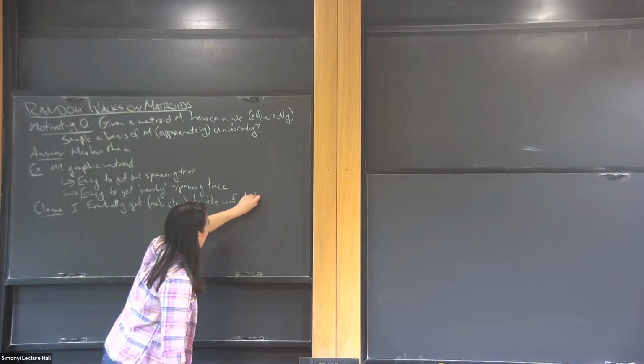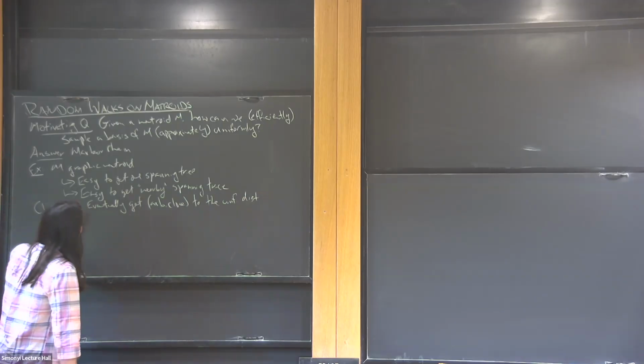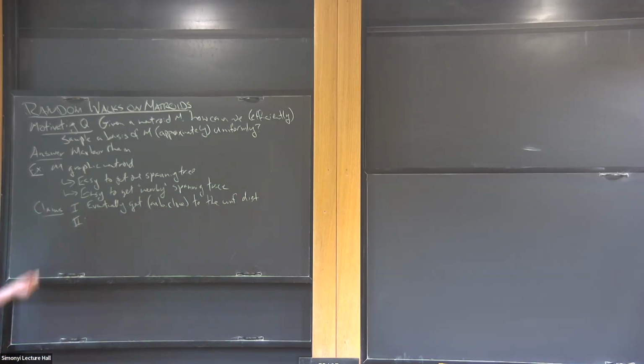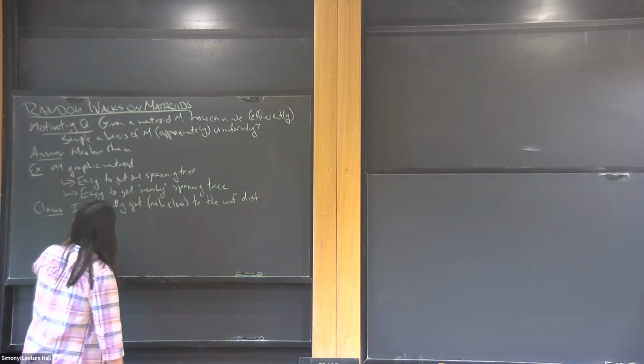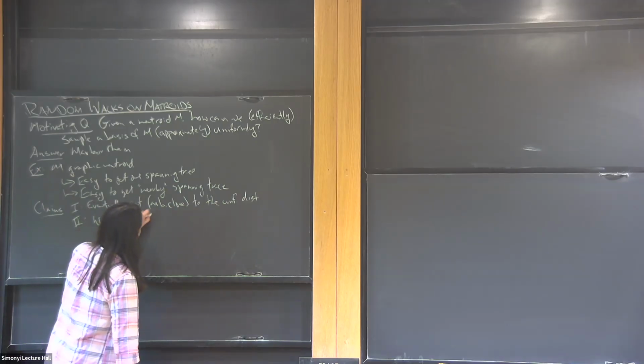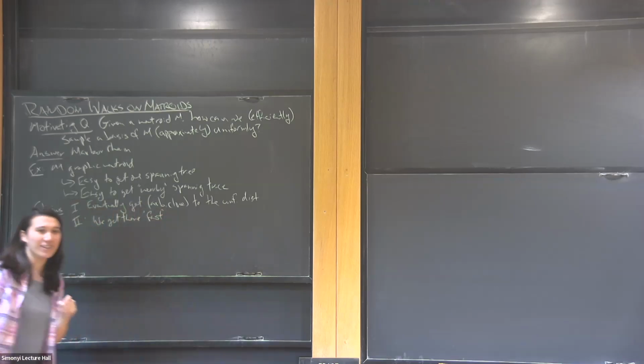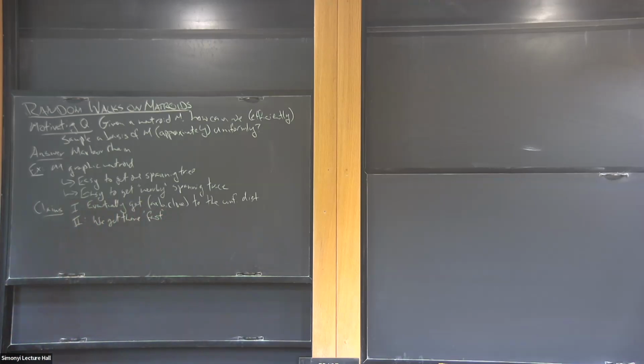I feel like this is a step that a lot of papers kind of skip. They're just like, obviously, the stationary distribution is the uniform distribution. But I do plan to actually show this today. And the second claim, which is what the computer scientists care about and where complete log concavity comes in, is that we get there fast. I will defer the definition of fast until a little later in the talk.